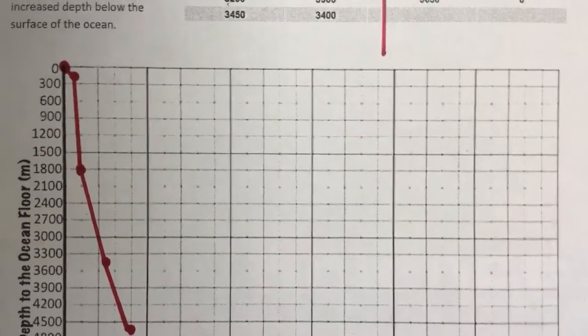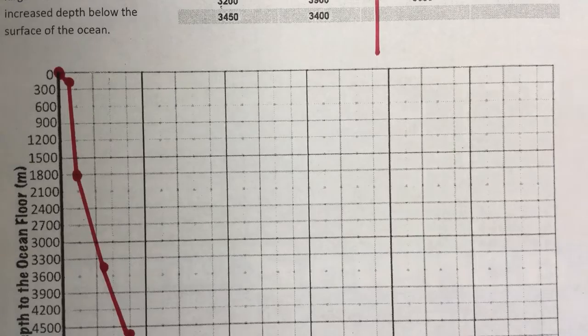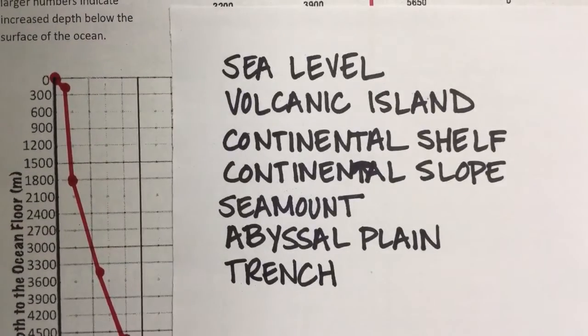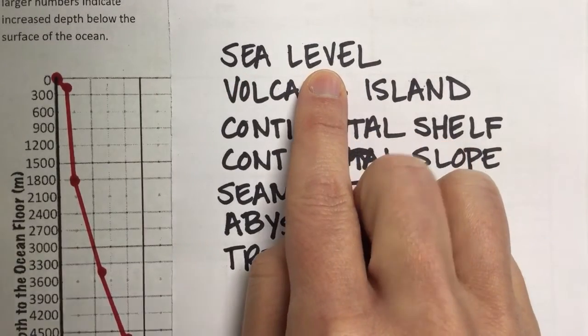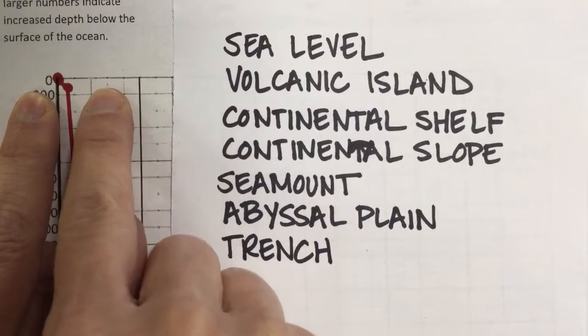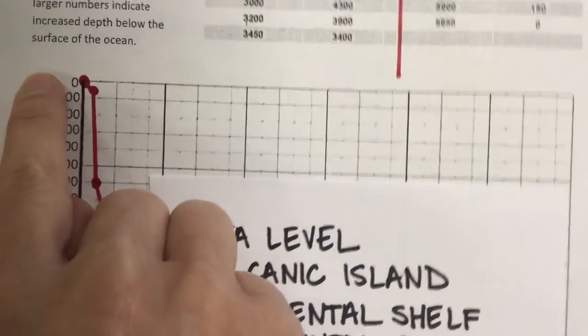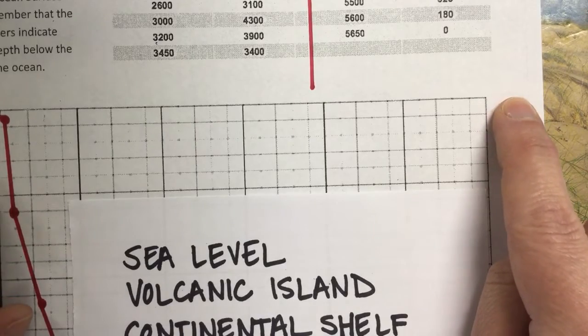All right, then what we want you to try to do is to label some features of the ocean floor. So these are what we want you to try to label. So sea level, I think I already mentioned, is 0. So the surface of the ocean is going to be at 0. So you can label this side here and this little part here, you can label that sea level.